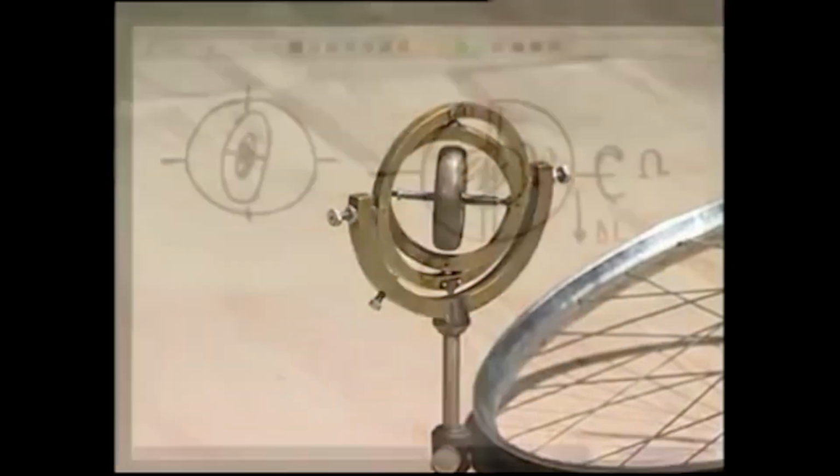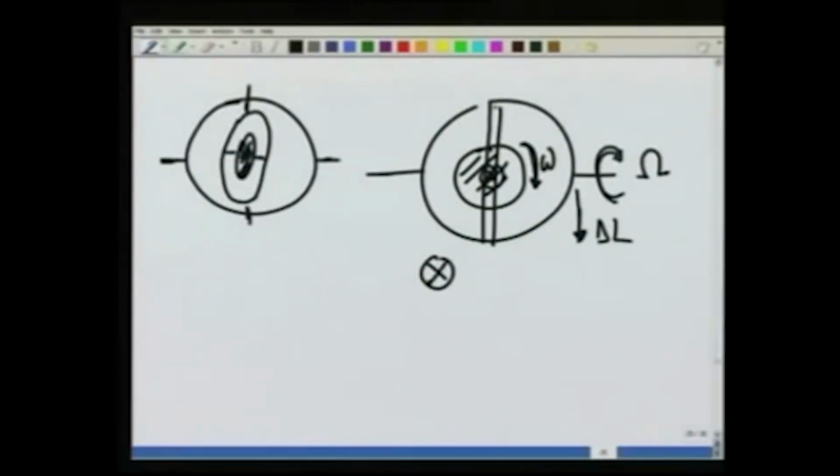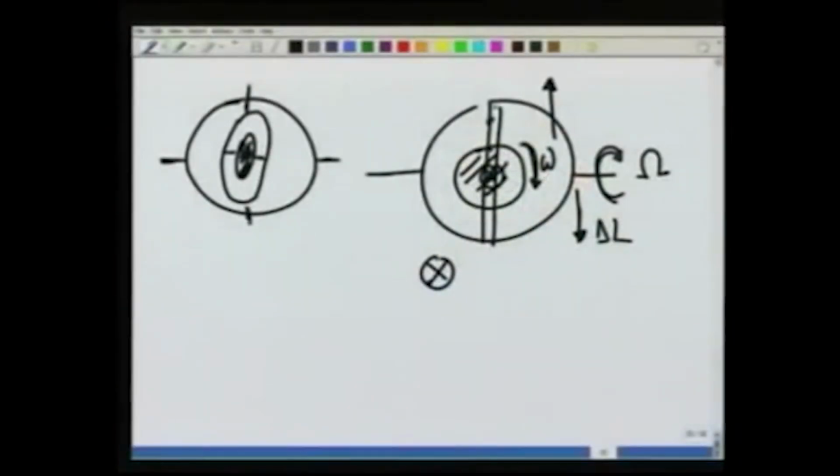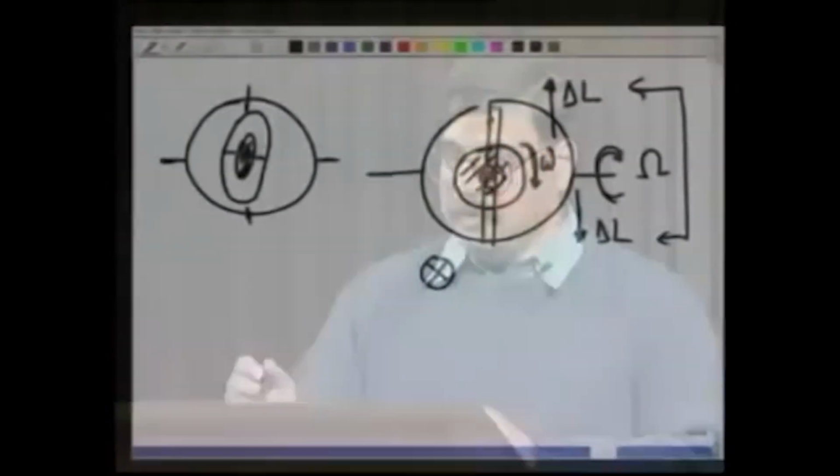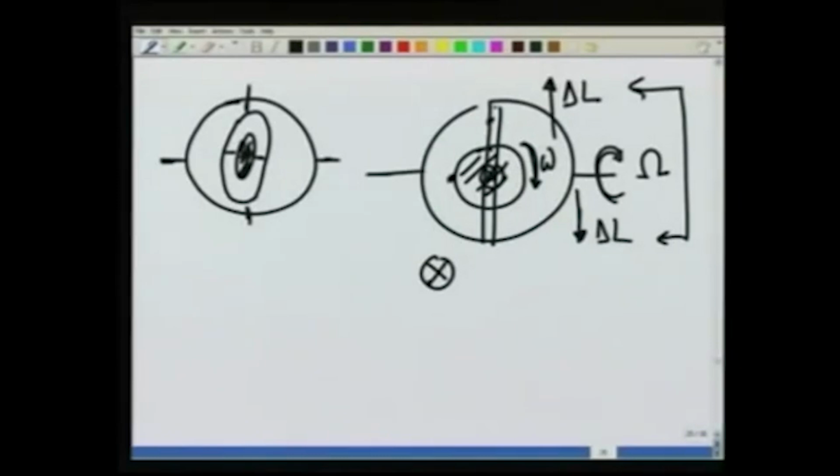If there is no torque, there should really be no change in L as far as the vertical direction is concerned. So what does this frame do? It rotates in such a manner so that it develops a corresponding delta L in this direction, in order that the net change in the angular momentum is 0, and that means it will tend to rotate like this. This frame would come out here and go in here, so that it develops an angular momentum in this direction, and that is why this whole thing aligns with omega.